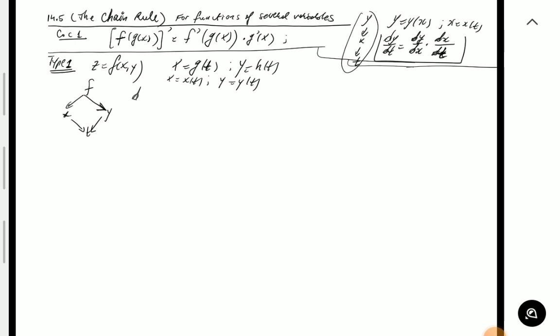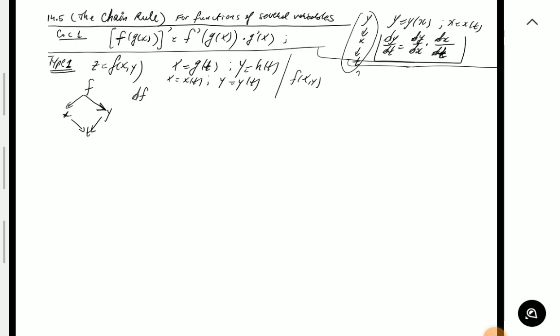So if I want to find the derivative of the composition, in this case df dt, because see, this is the notation here with the differential notation, you can view the function f as a single variable function, right, via x of t and y of t.